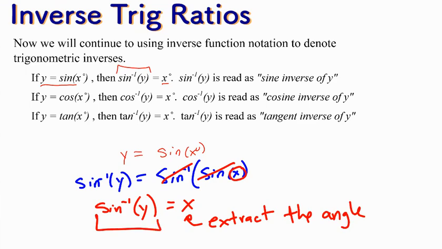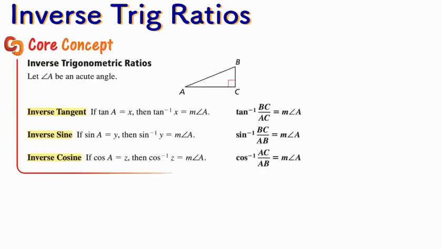So these are the definitions and how they are read. We see that sine with a negative 1 in the superscript and y as the argument is read as sine inverse of y. The same is true for cosine, that is cosine inverse of y, and tangent inverse of y. Here is the textbook definition.